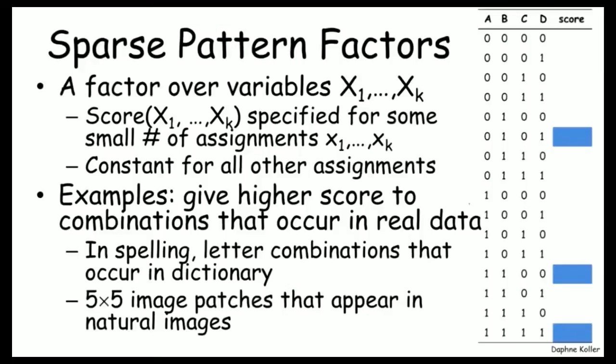And now it turns out to be, again, a sparse factor. The same thing actually occurs in image analysis problems, where, for example, you can look at all of the 5x5 image patches that actually occur in natural images. That's actually a surprisingly small set of patches relative to all possible 25 pixel combinations. And so once again, this is a very commonly used factor that arises in practice.